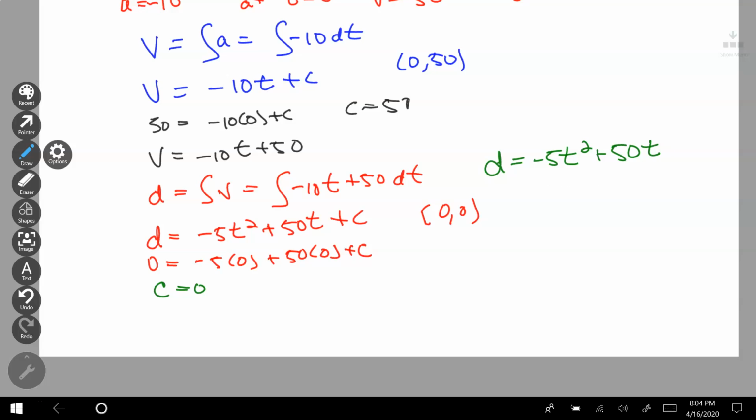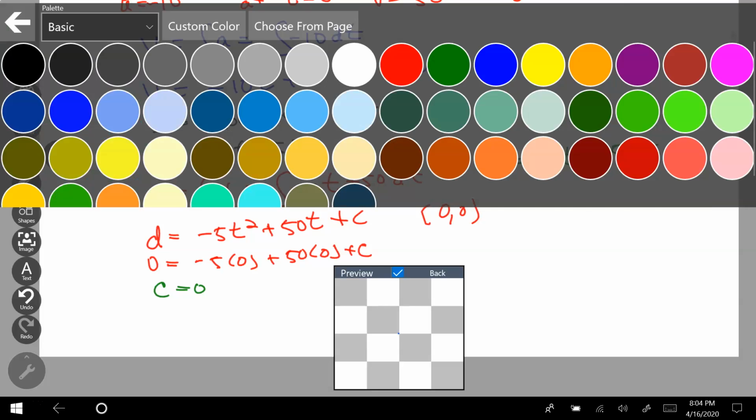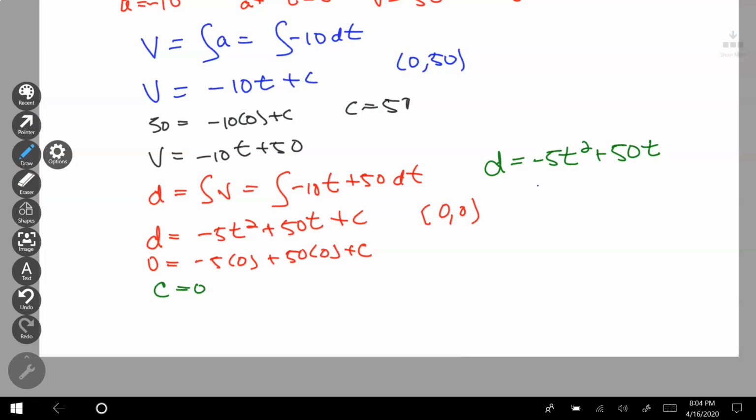And I have t equals 5 seconds. And I plug in 5. I get negative 5 times 5 squared plus 50 times 5.